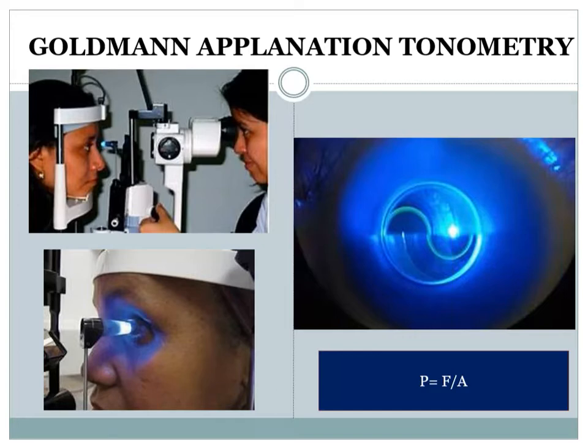So when the inner circles of both the Myers coincide, it means that the instrument has applanated the central 3.03 millimeters of the cornea. So the amount of force that is required to applanate this gives the pressure. So the reading is there in the instrument. There is a scale which is there in the instrument and you read it.